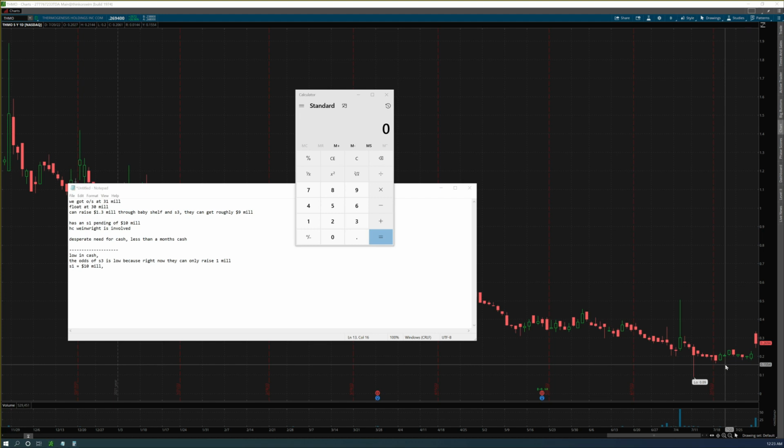But even before that, I think you have to do the work yourself and understand these things and know that there's various elements to it: understanding the dilution, understanding the business, and then looking at the price action and formulating your thesis.